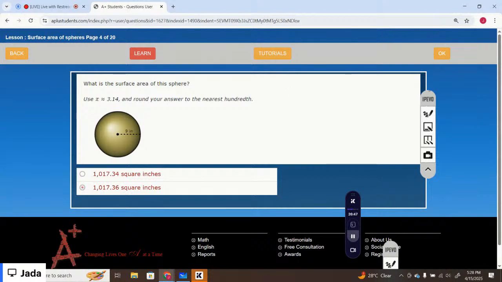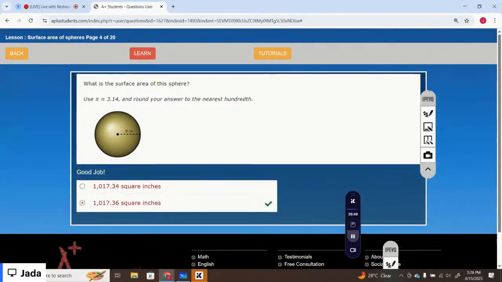That is 100,017.36 square inches. Option number 2 is the correct option.